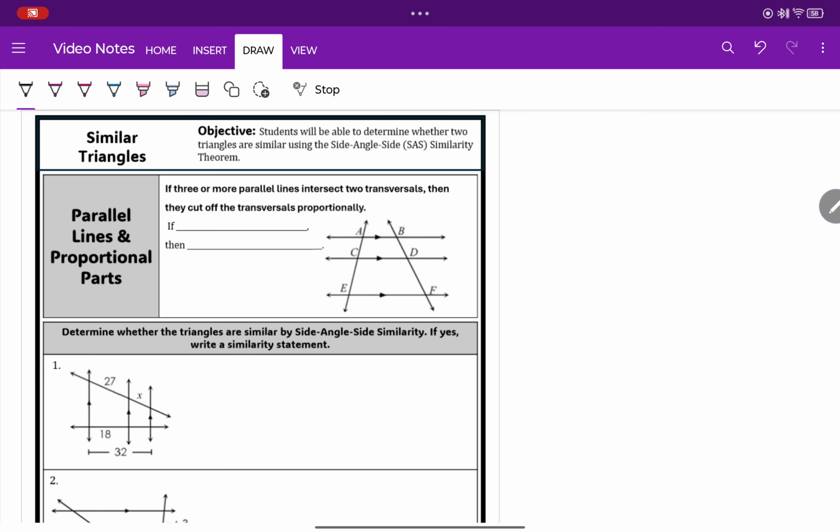So if three or more parallel lines intersect two transversal lines, then they cut off the transversals proportionally, okay?